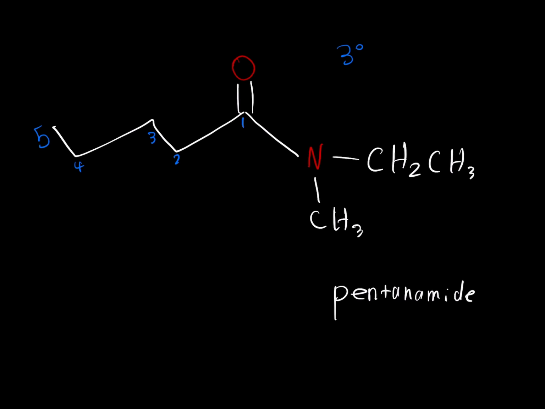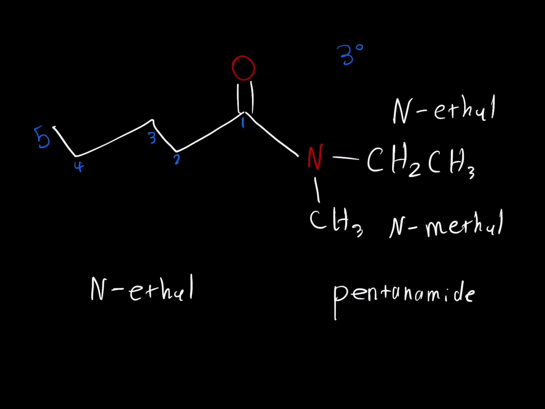We have a methyl and we have an ethyl. So when we write the name, which one do we write first? Do we write the methyl or the ethyl first? We're going to write the ethyl first because E comes first in the alphabet. So N-ethyl-N-methylpentanamide.